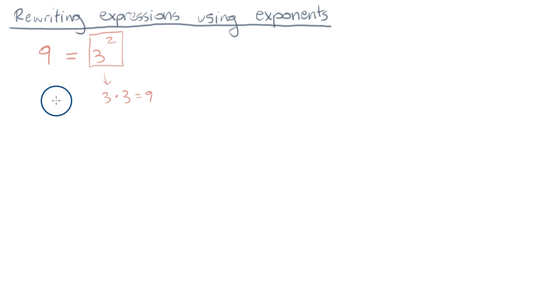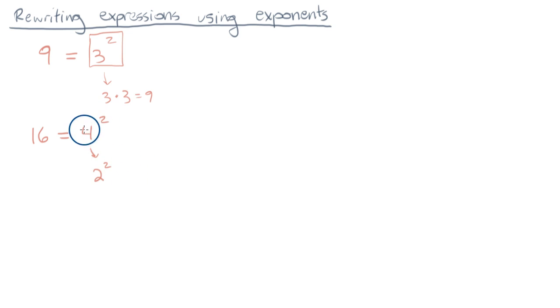Another example of this, let's go ahead and work with 16. Well, here we can rewrite 16 as 4 to the second power, right? Because 4 times 4 is 16. But we can take this even a step further. Remember that 4 really is the same as 2 to the second power.